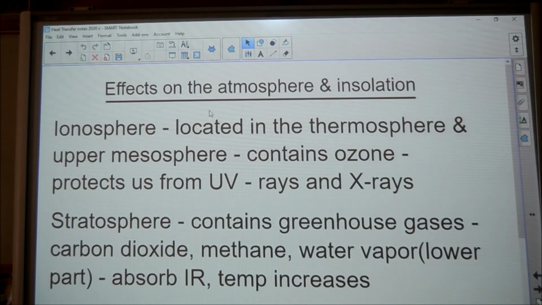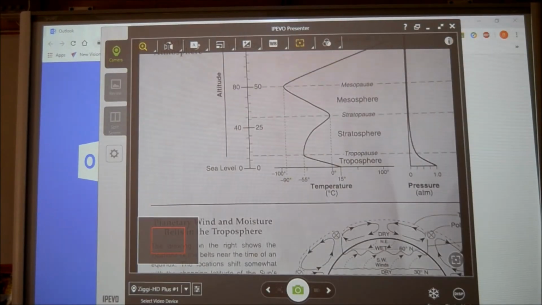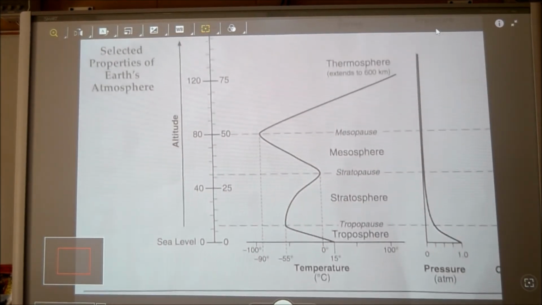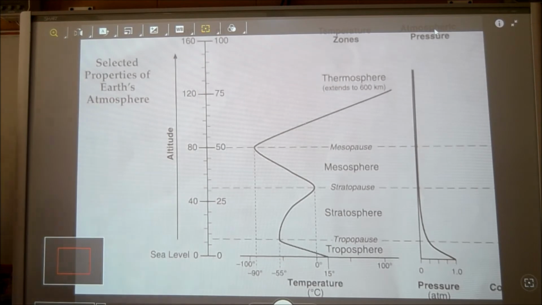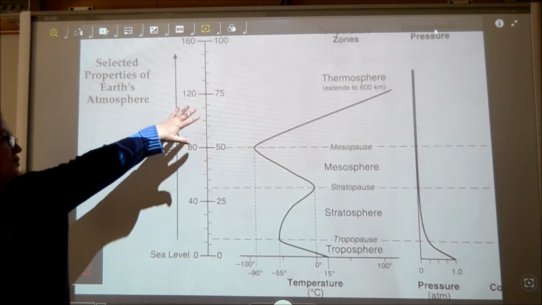So I want to look at your reference table really quick. I need you on page 14 of your reference table. So we're looking right here. The lower part of our atmosphere is the troposphere. Then we have the stratosphere, mesosphere, thermosphere.